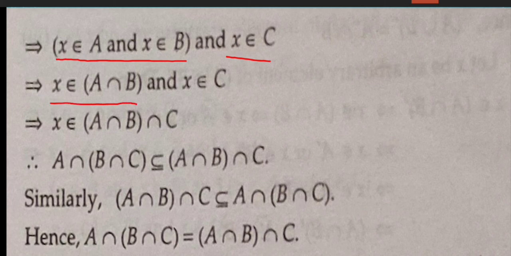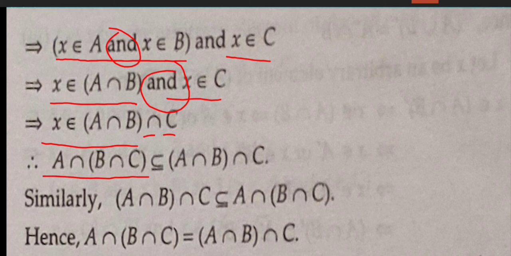Symbolically we can write it as X belongs to A intersection B, because "and" is there here, which can be written symbolically by using the intersection symbol. It is X belongs to A intersection B and X belongs to C as it is. Again "and" is there here, X belongs to A intersection B is there, for "and" we can write intersection C as it is.